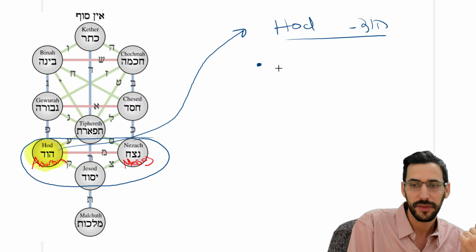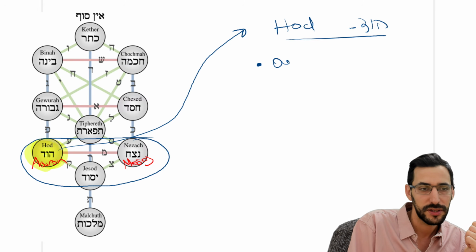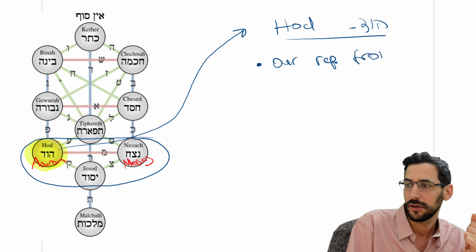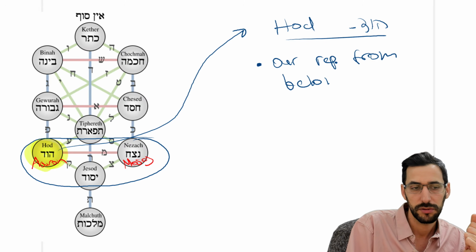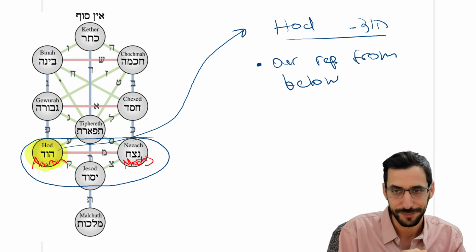So it's our representative, our rep from below, while Moses is the Creator's representative from above.